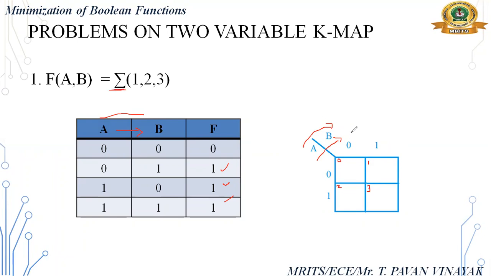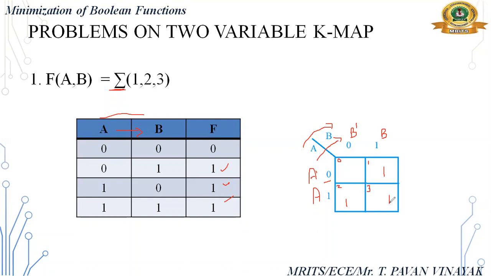Sigma means this 0 value indicates B bar, 1 value indicates B. 0 value indicates A bar, 1 value indicates A. Okay. Now place ones. At which position? 1, 2, 3.